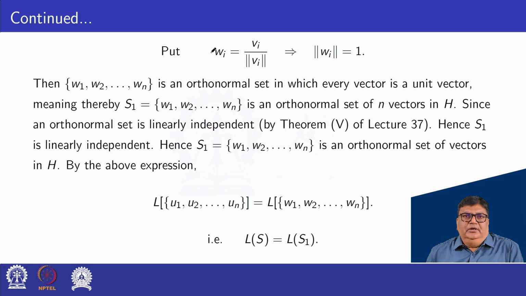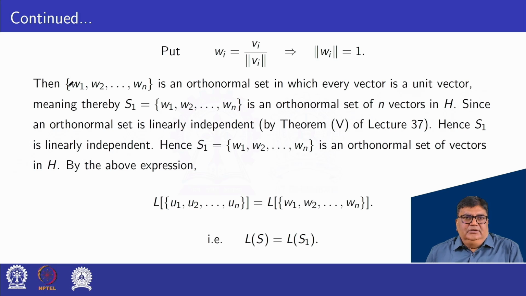Now putting wi is equal to vi upon norm of vi, the norm of wi is equal to norm of vi upon norm of vi, that is 1. So this implies that norm of wi is equal to 1.